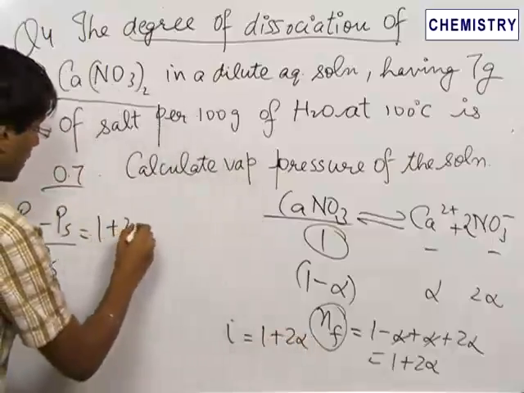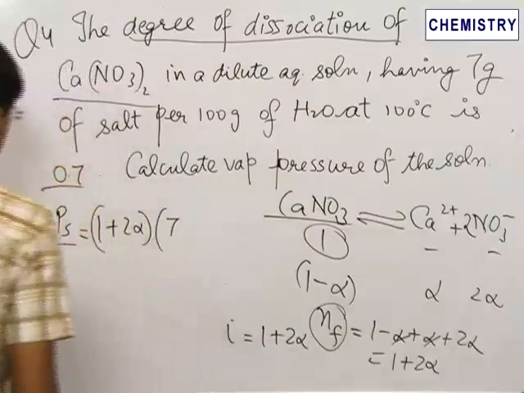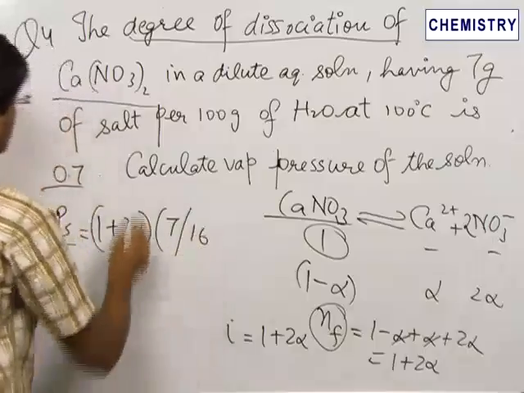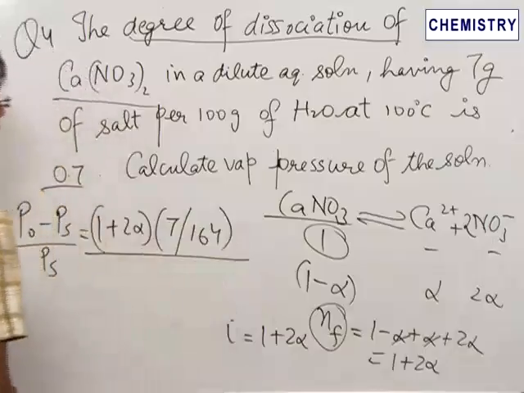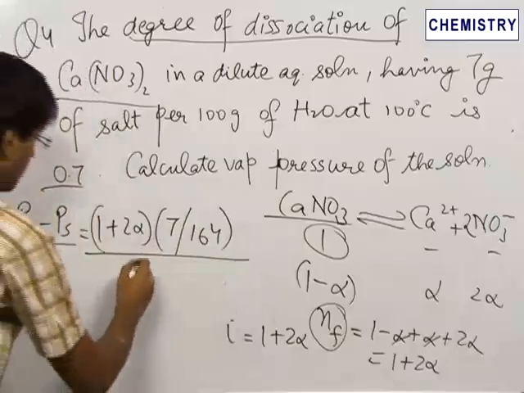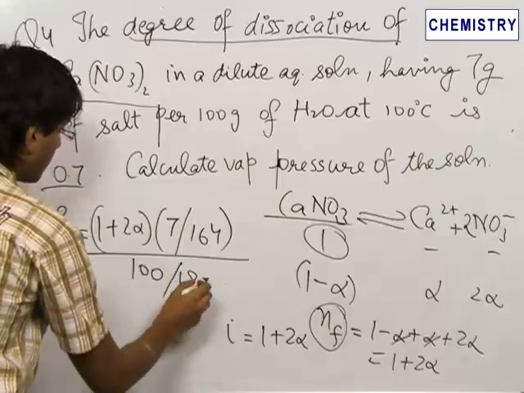So this becomes 1 plus 2 alpha into the moles of solute, which is 7 upon the molecular mass of calcium nitrate, 164, divided by the moles of solvent, which is 100 by 18.